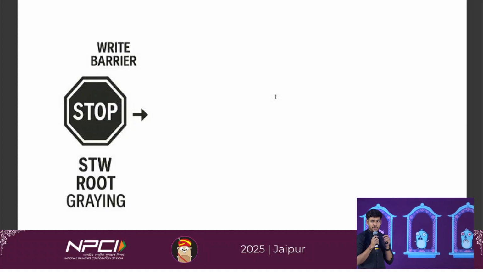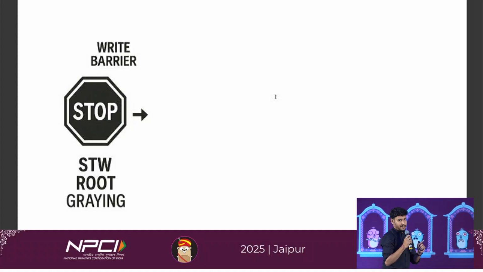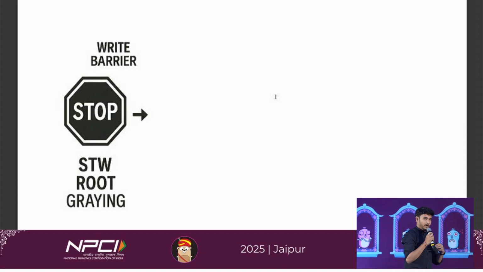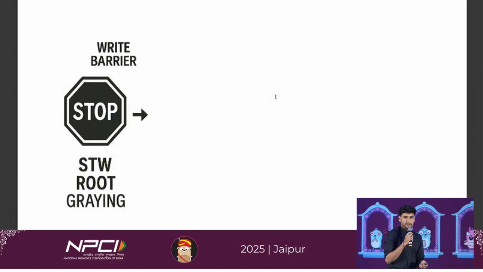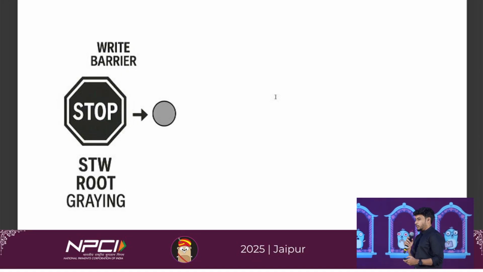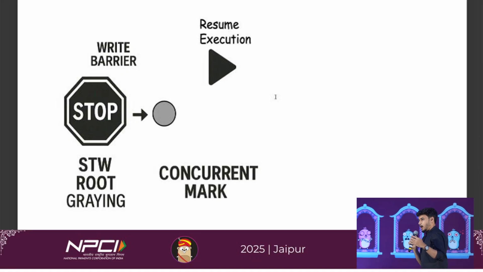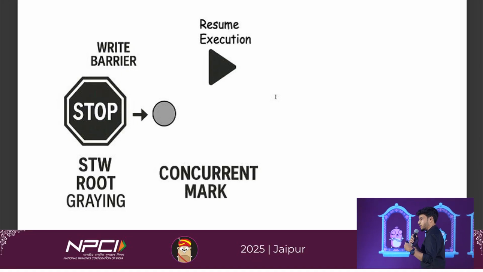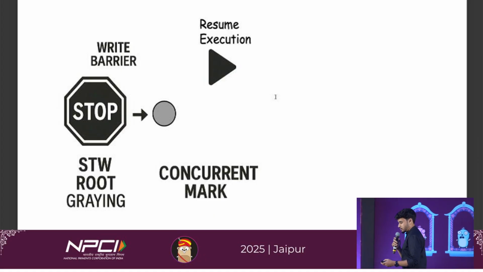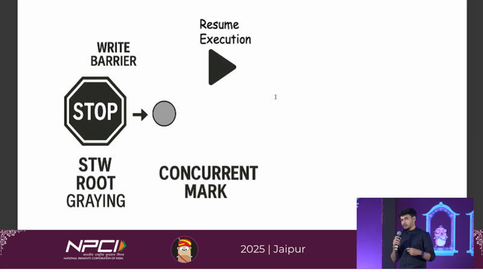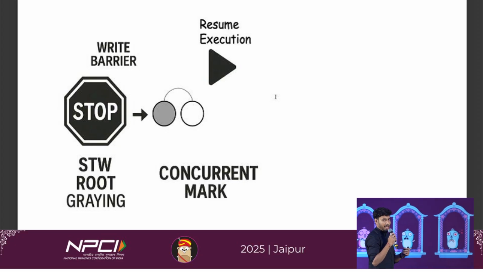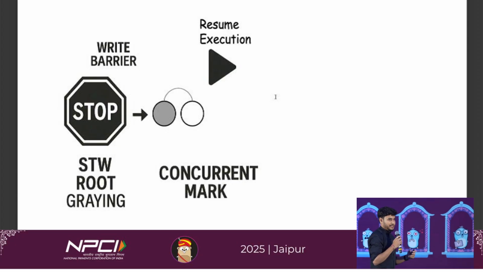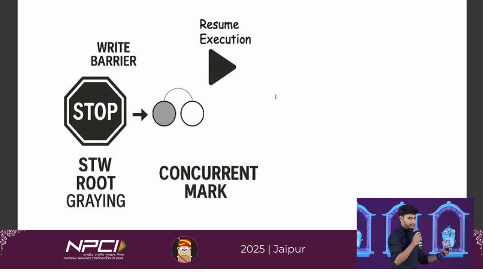So you pause your application for a very small time, and you mark all your active root objects as gray. Once this step is done, your application resumes. Now the garbage collector will work concurrently with your application. What the algorithm does is it picks up every gray element and checks what this object points to.